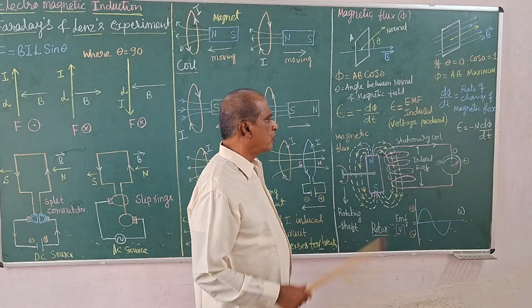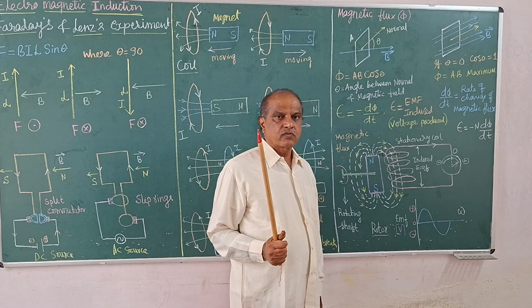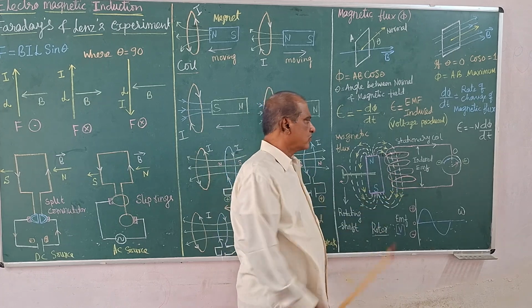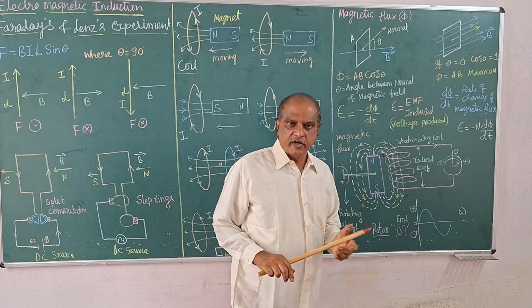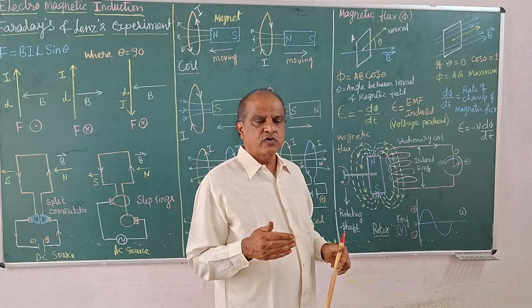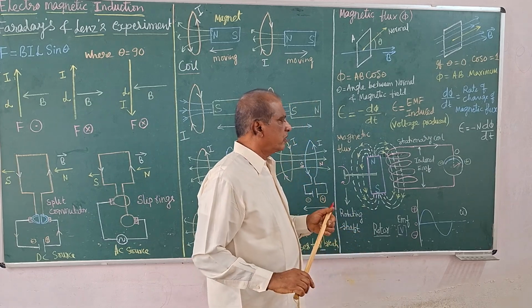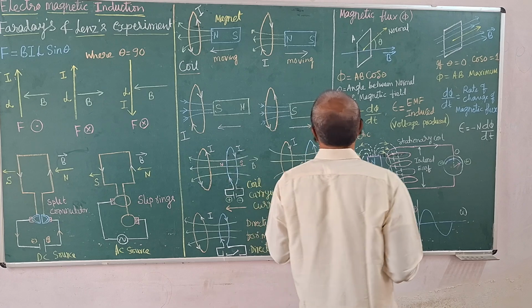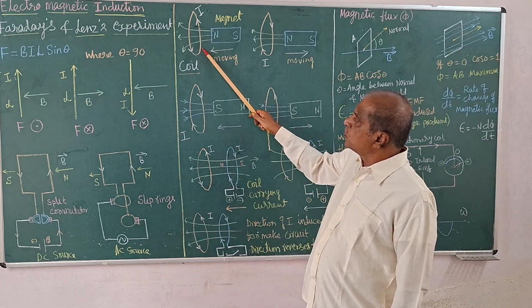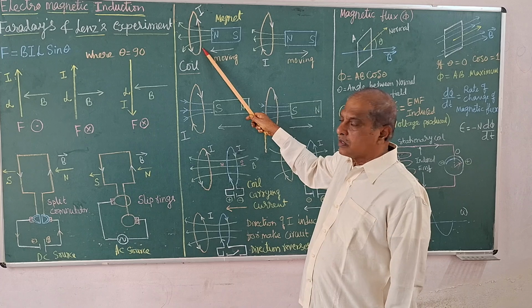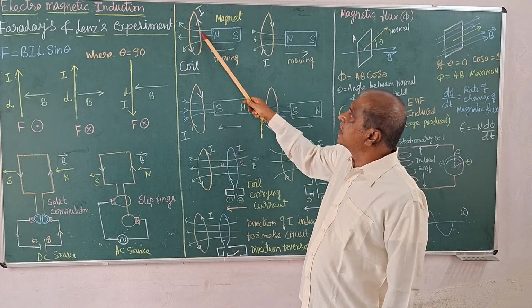What is meant by voltage? Here there is no current. When the voltage is induced, what happens? Voltage is actually a push, a push which drives the charges in the conductor.